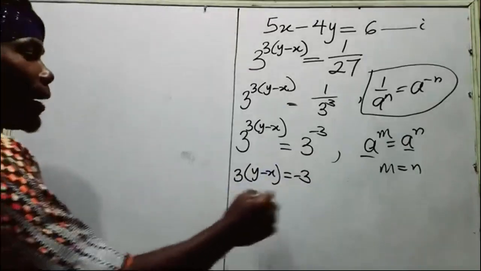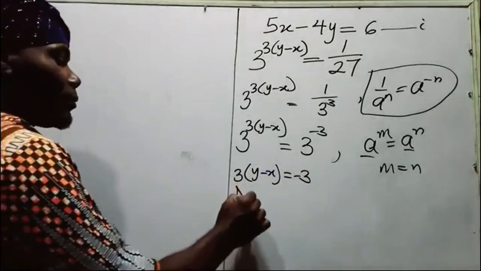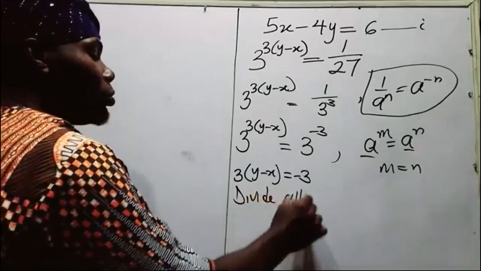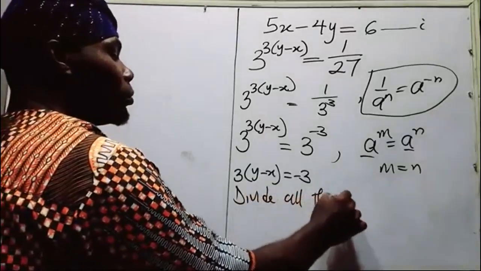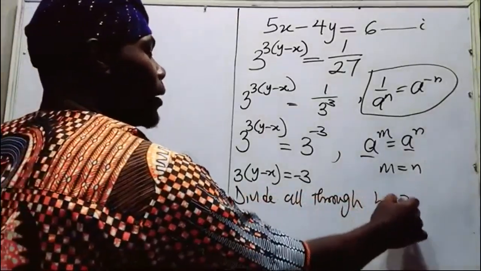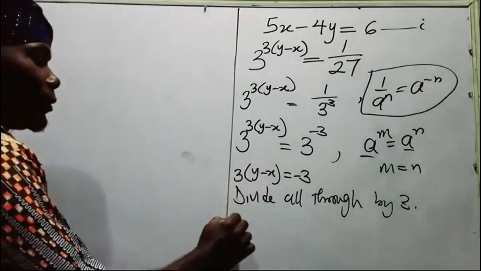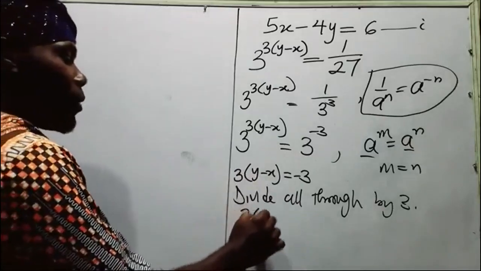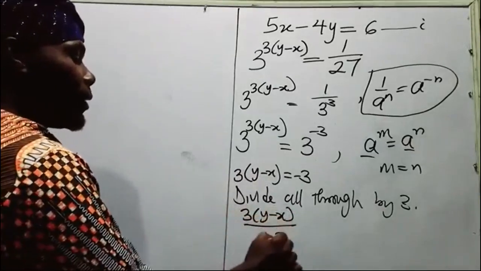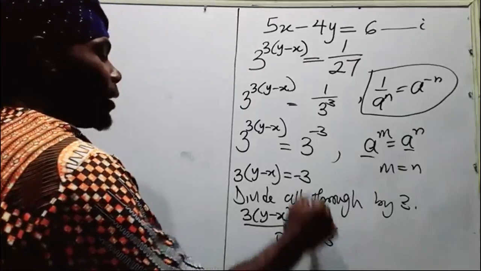So let's divide all through by 3. In dividing all through by 3, we have 3 bracket y minus x divided by 3 is equal to minus 3 divided by 3.